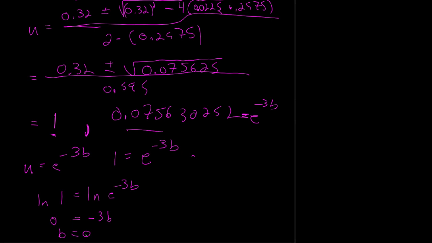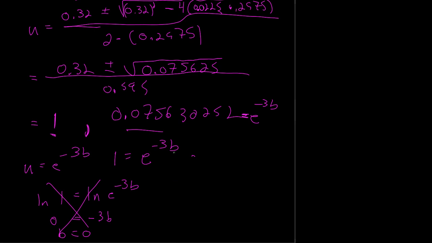And if b equals 0 in my logistic model, then we're in what's called the steady state, where the carrying capacity is the only thing driving. So we'll ignore this one because it doesn't do anything for us.